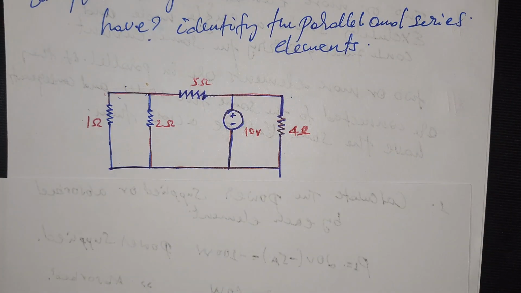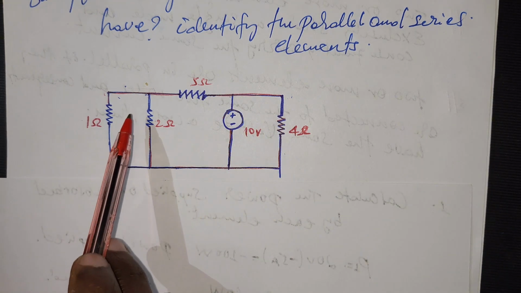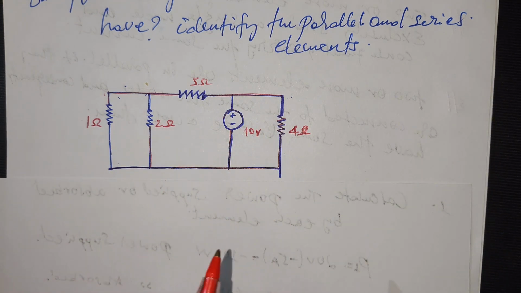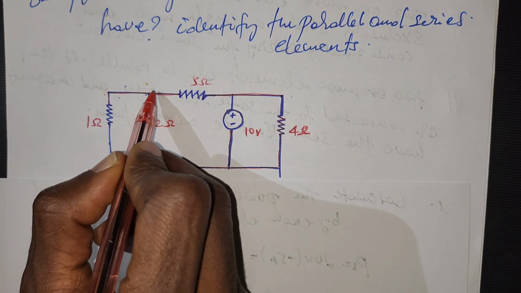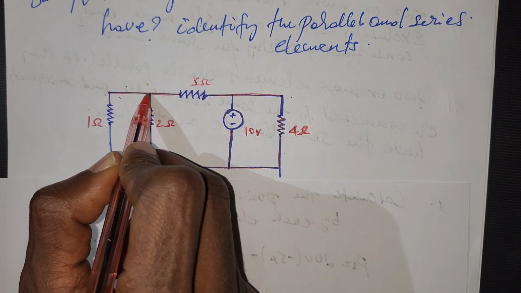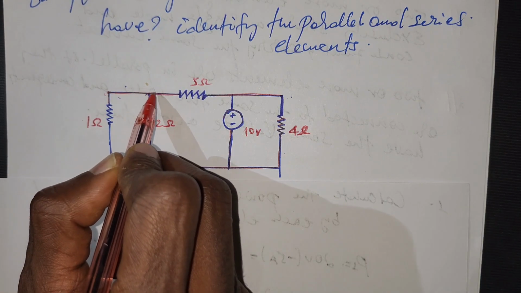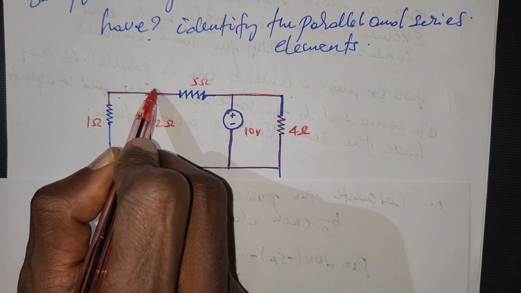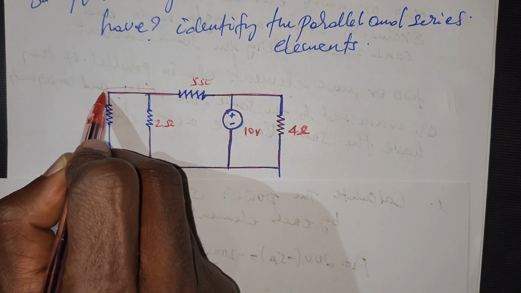First, we need to identify the number of nodes. In order to identify the number of nodes, we need to reduce the circuit or count the nodes. These two junctions are connected with a short circuit or a connecting wire, so this can be reduced into one node.